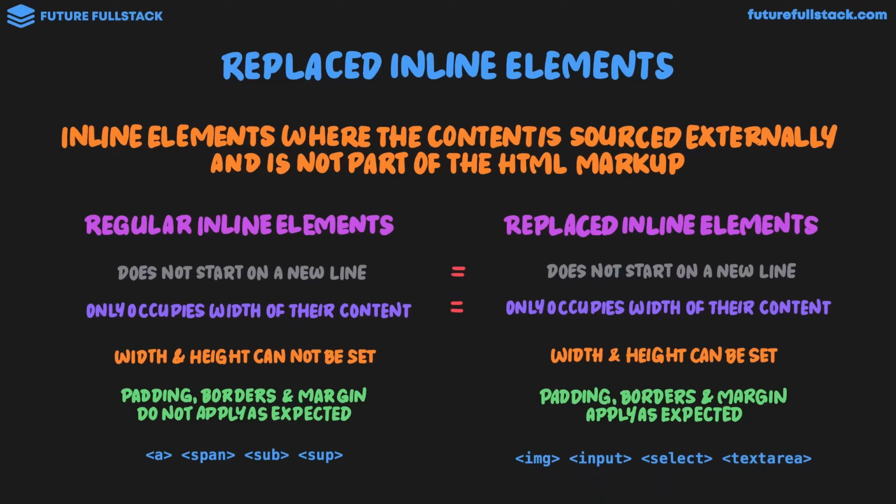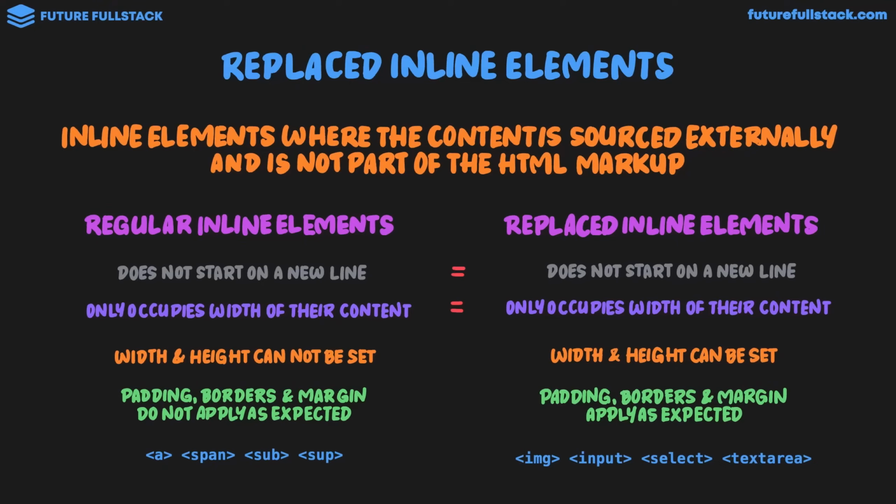So replaced inline elements, as the name suggests, is when the browser is actually replacing the HTML element with something else. So for example, in the HTML markup, we put an image tag, but on the web page, we actually have a real image. It's being replaced. Same with the input tag. In the HTML markup, we have input, but then on the real web page, an actual input field renders.